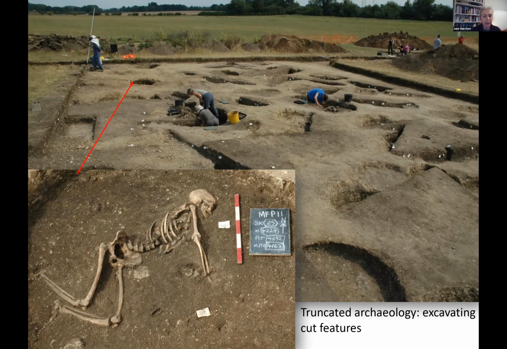And you can see on the slide here, this is an Iron Age site with a huge number of intercutting pits, some of which had been used in their final phase for burials, but it is quite truncated. We've lost nearly half a meter of the tops of those pits, so that working out how they related to one another was really difficult, because you've lost the horizontal surface on which relationships can be established.